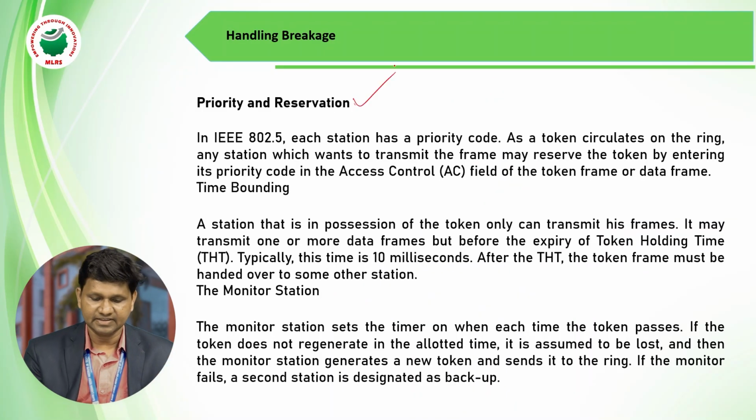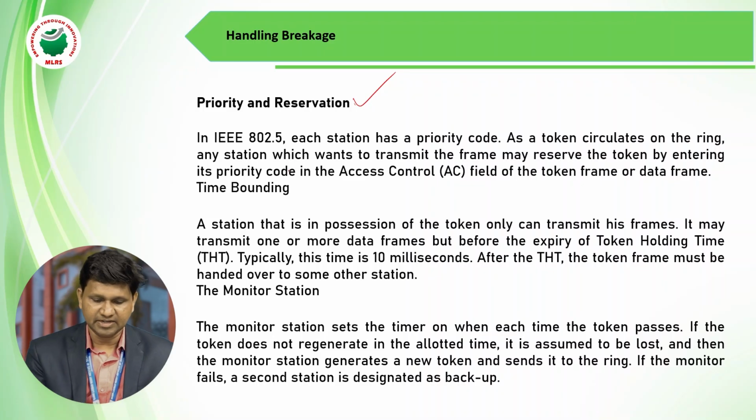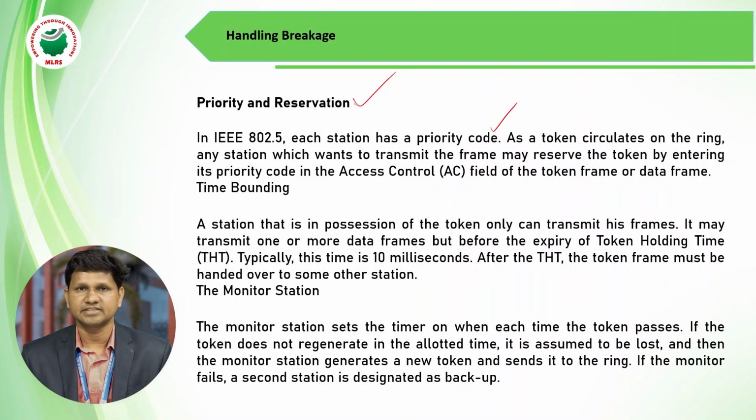Priority and reservation. For each and every frame, we can give priority and reservation. In IEEE 802, each station has a priority code. If we assign a specific code, we can give priority.